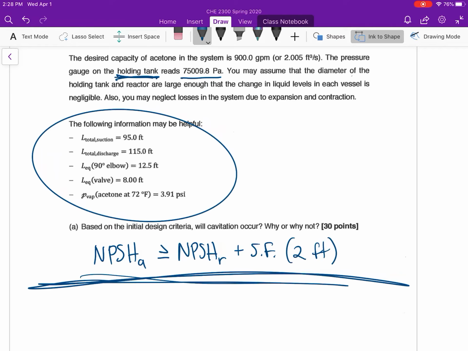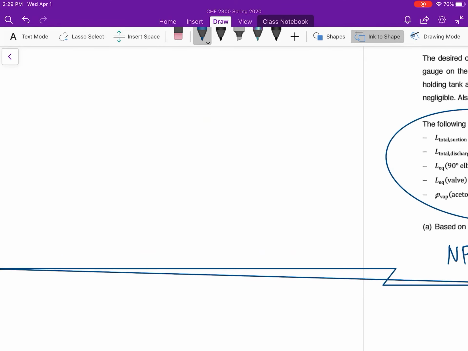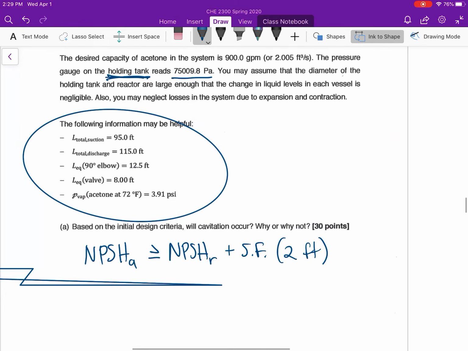So this is what I'm trying to answer here. If this is satisfied, then no cavitation will occur. So that's the question we want to ask ourselves or answer.